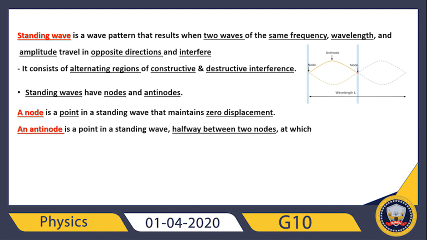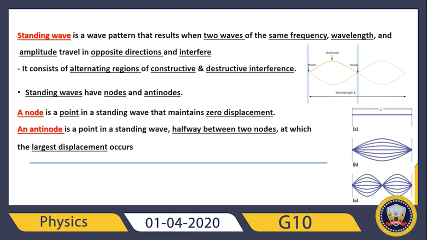We have said the difference between node and antinode. For example, in this example, here is a rope, as we have just seen in the video. Its length is L, and in the first harmonic it makes just one antinode and two nodes.